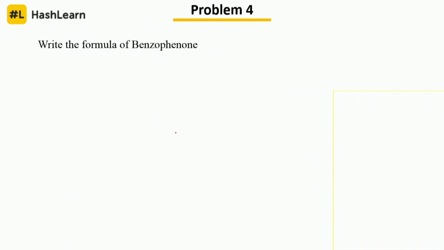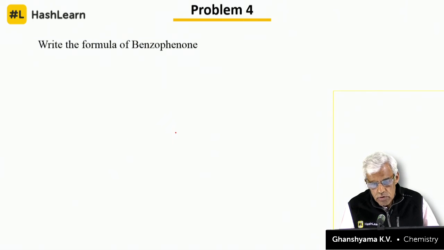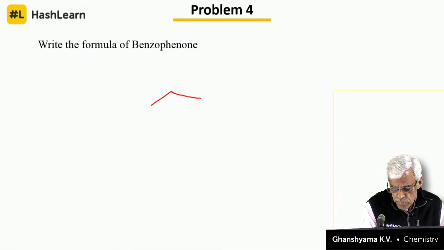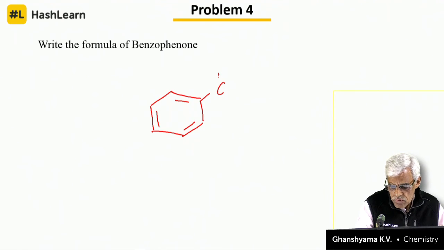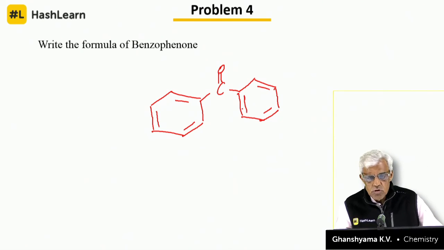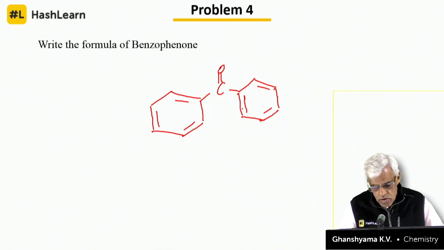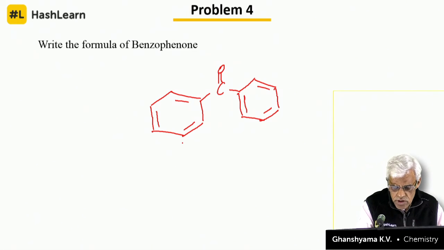Okay, the next one is: write the formula of benzophenone. Phenone is C6H5CO. So, benzophenone is this one. This is benzophenone. Similar to acetophenone, see this is benzophenone.